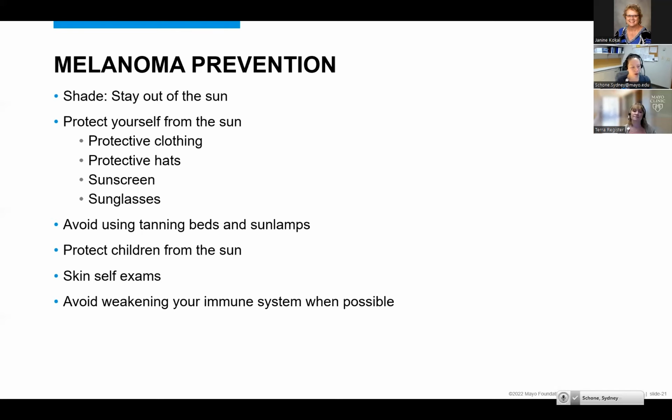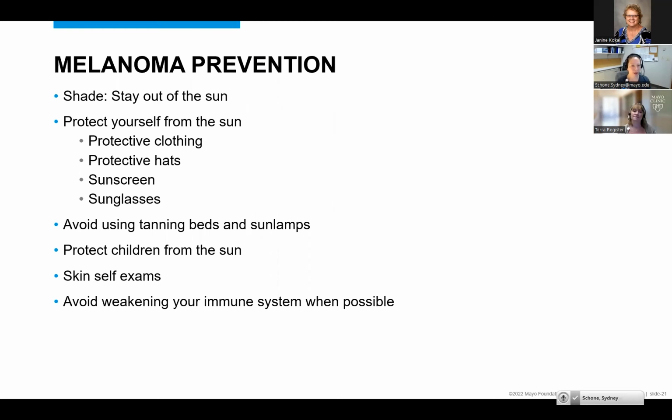We also want to seek shade, as the strongest rays are between 10 a.m. and 2 p.m. Other ways that you can stay out of the sun include using sunscreen when you're near water, snow, or sand, as these reflect damaging rays of the sun, which can increase your chances of sunburn.